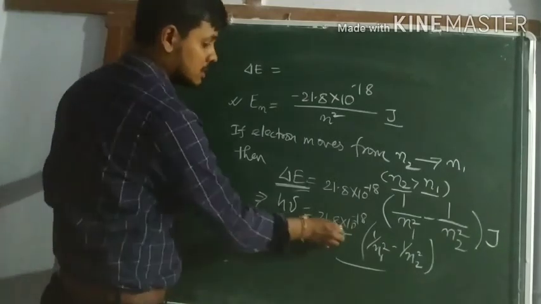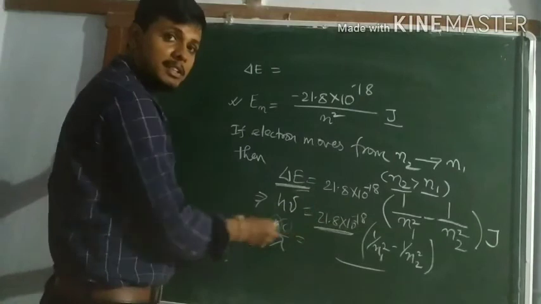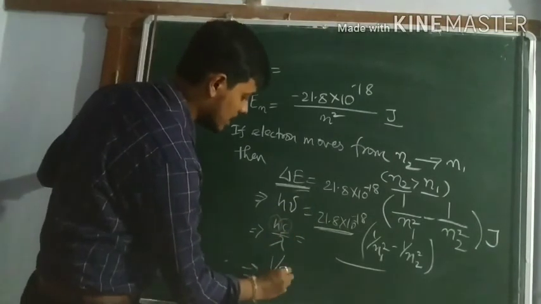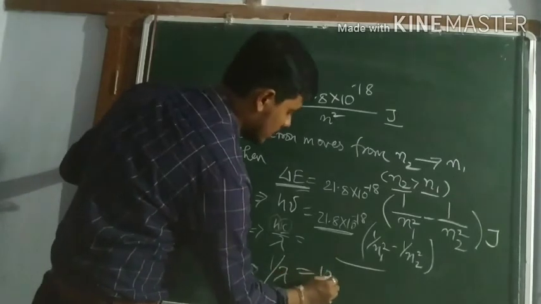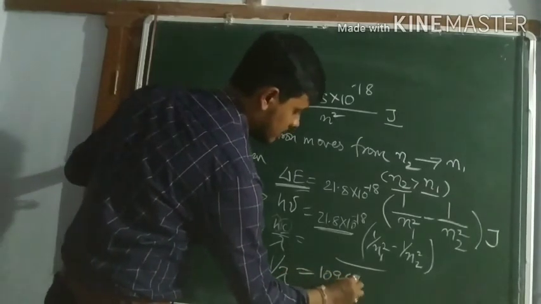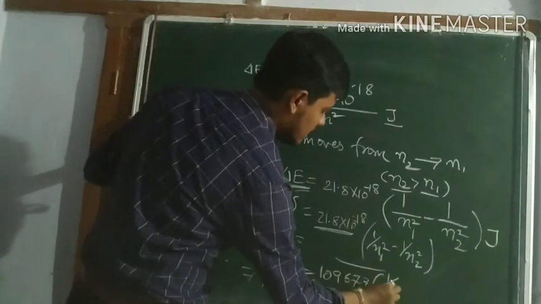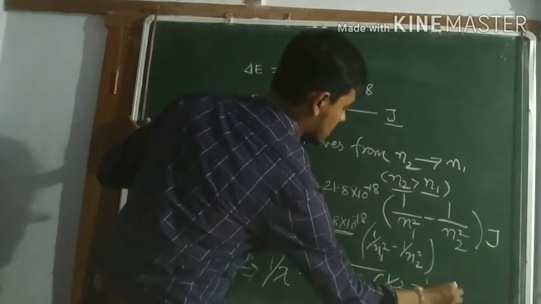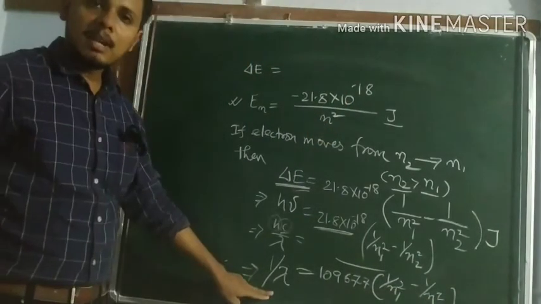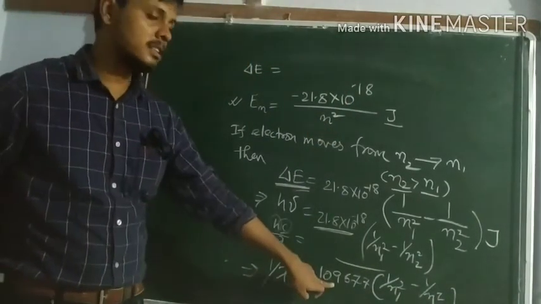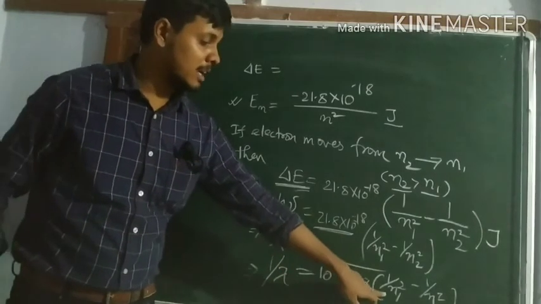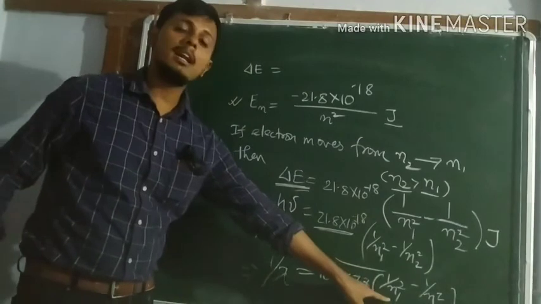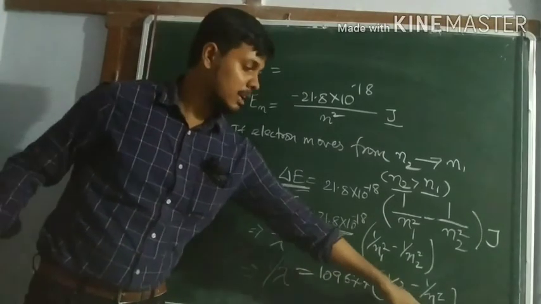So this is a constant. We can divide this constant by h and by c, and if we calculate 1 by lambda, we get it as 109677 into 1 by n1 square minus 1 by n2 square, where n2 is greater than n1, higher level, lower level.